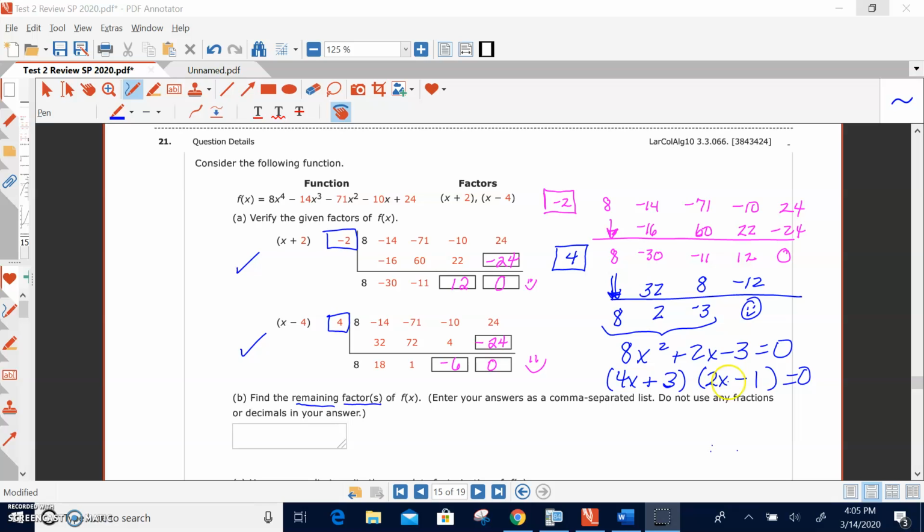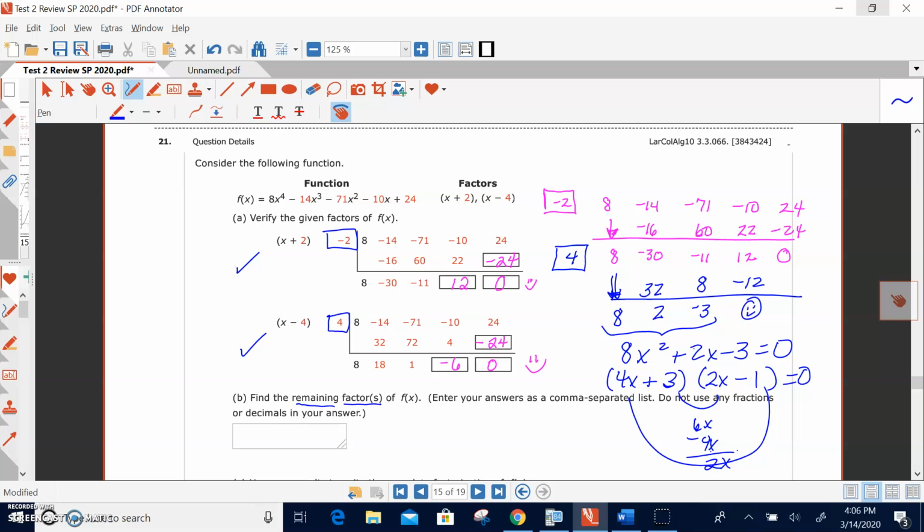The way I got started on this factoring is I broke the 8x squared into a 4x times a 2x. I broke down the 3 into 3 times 1, and I put the 3 and the 1 in those positions because this gave me a 6x, and this gave me a -4x, and those add up to 2x, which is what I was looking for.